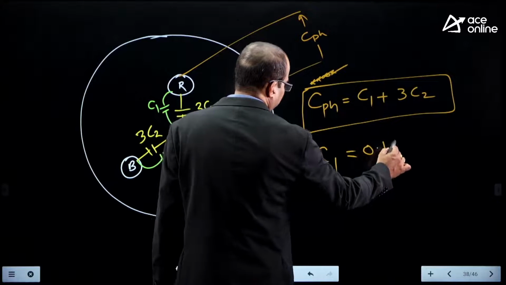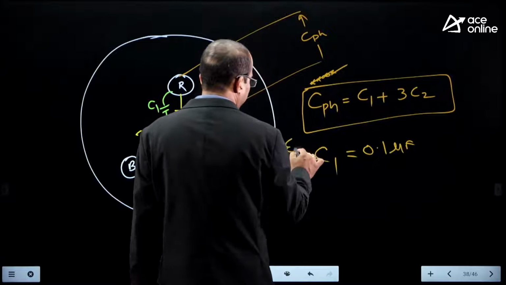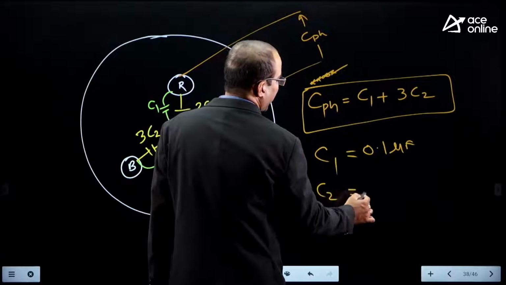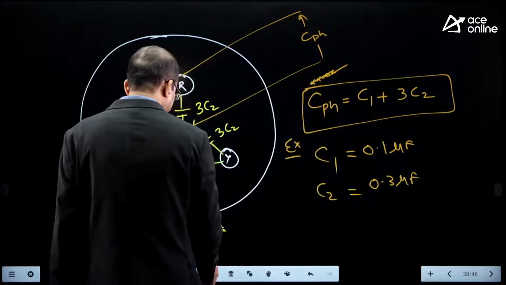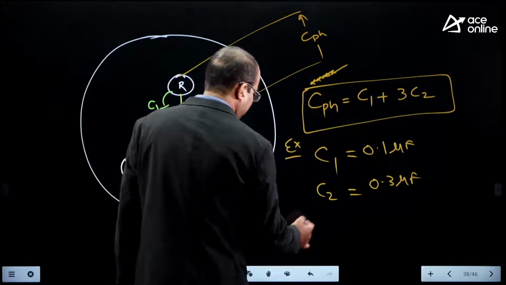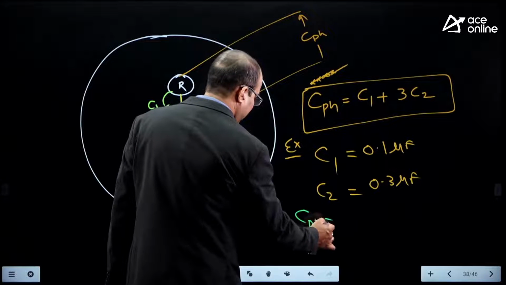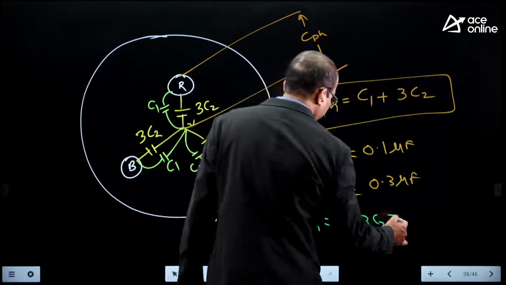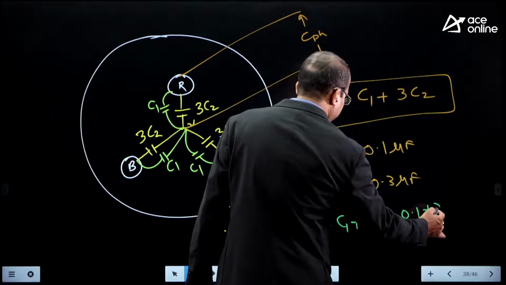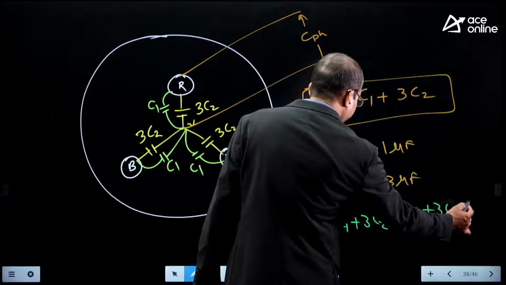In the question, if core to sheet capacitance is given as 0.1 microfarad, and for example, core to core capacitance is 0.3 microfarad, how do you calculate the capacitance per phase? Capacitance per phase is C1 plus 3C2. C1 is 0.1 plus 3 times C2, that is 0.3.